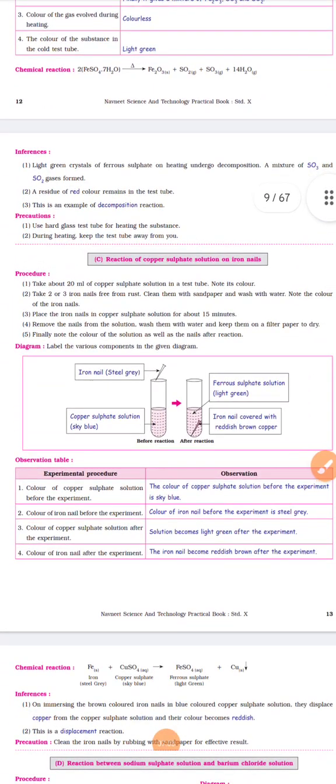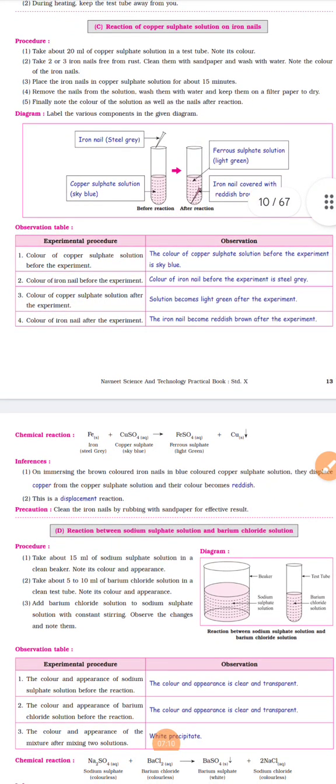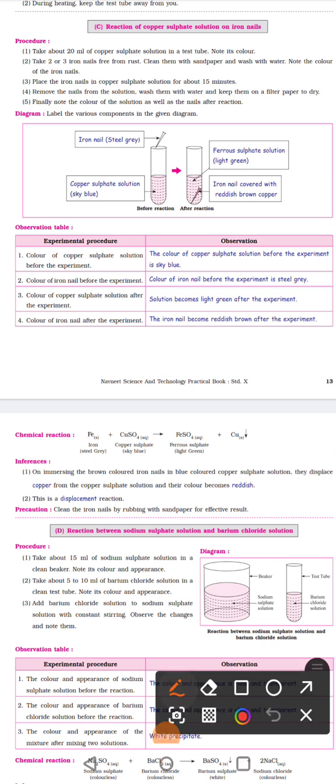Next, part C. If you got A and C, you will write only about A and C. If you got B and C, then write about B and C. C and D may also be given to some students, and they will write only about them. For part C, reaction of copper sulfate solution on iron nail, there is no need to write the procedure.